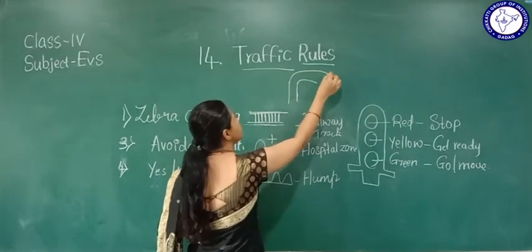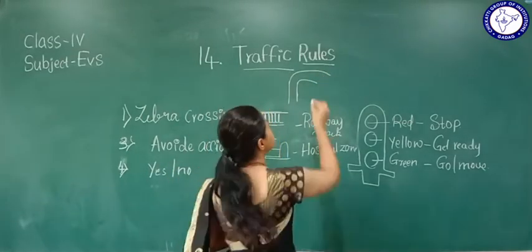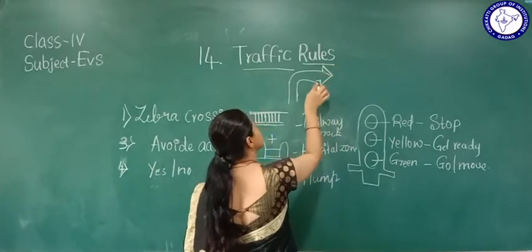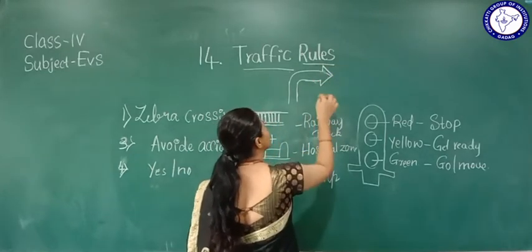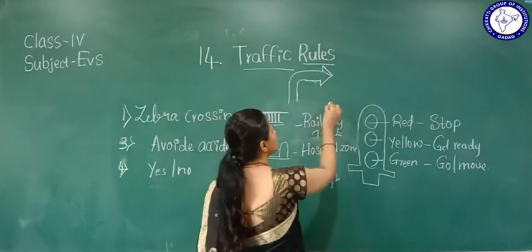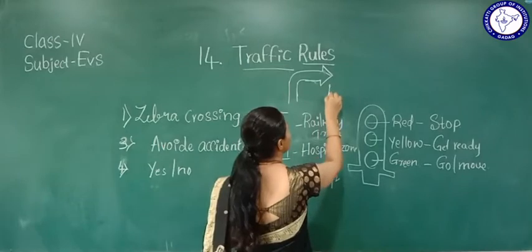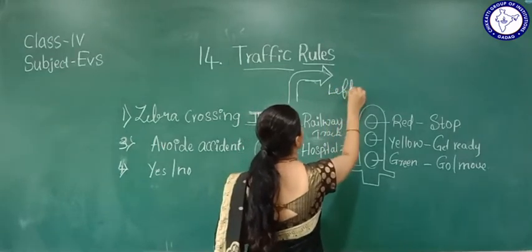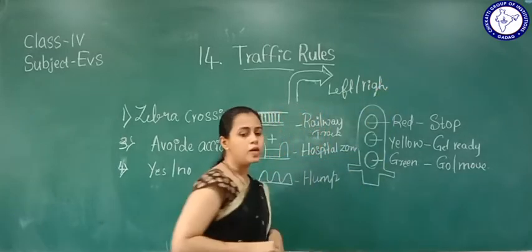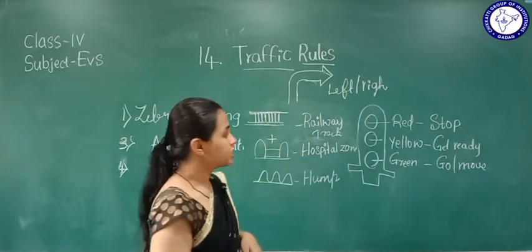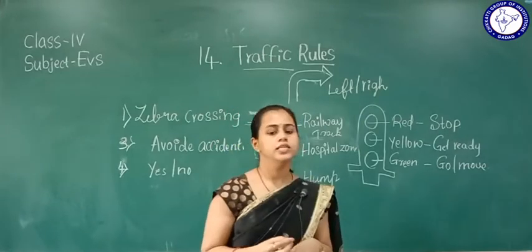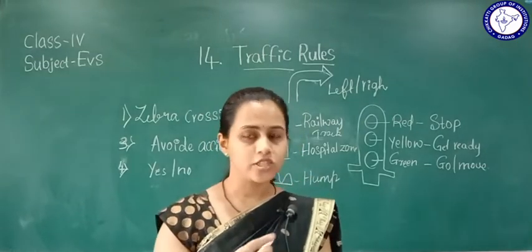What does it mean? The directions, right? So here the direction, whether it's left or right, right? So the next one, I will not draw this, so you just see the picture.